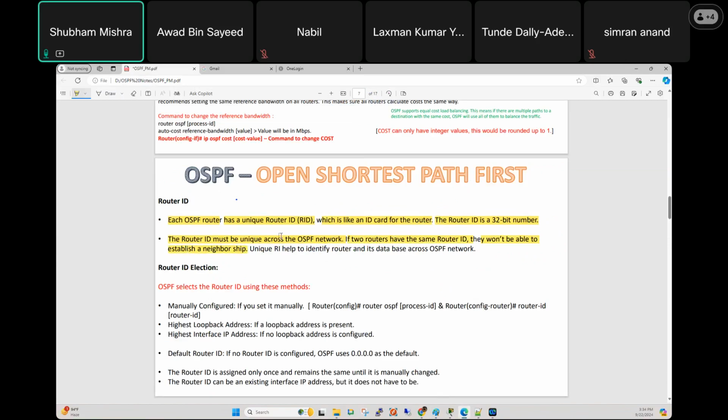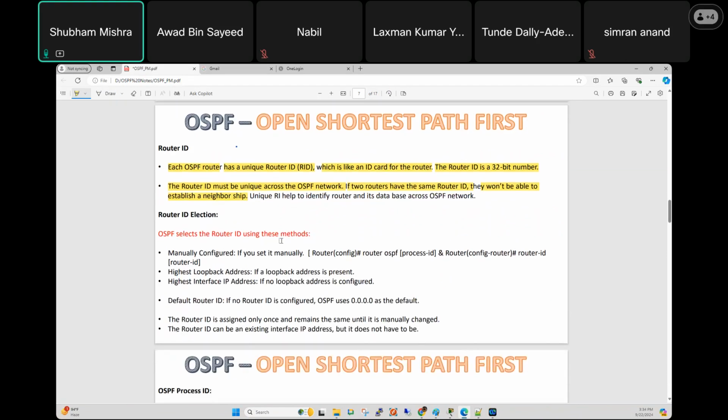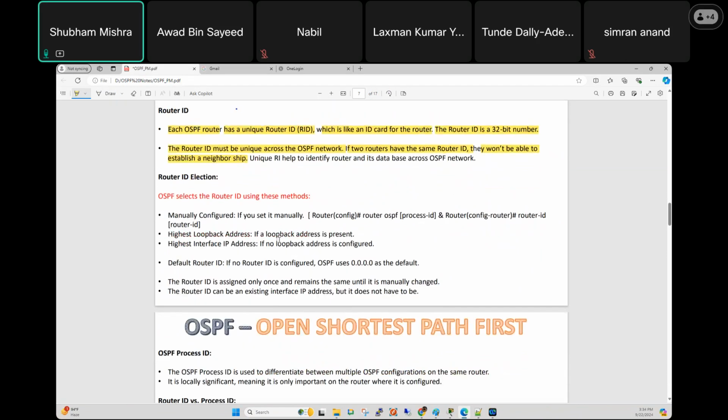Fine, everyone? Clear now? Now, the next thing is how the router ID will be elected on a router. The first method is manually configured. You can configure the router ID manually. Getting my point, everyone?